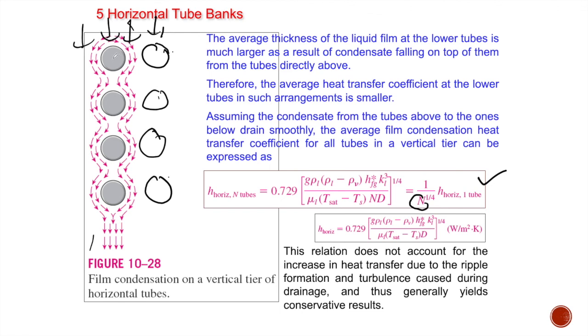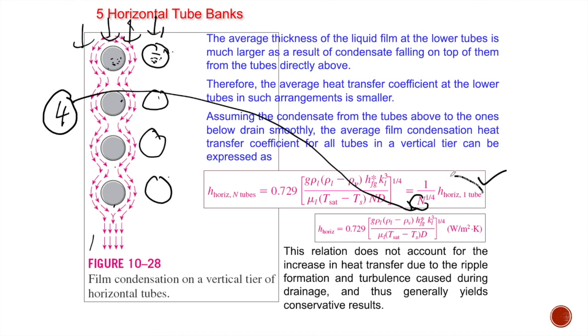What we have here is two columns, and 1, 2, 3, 4 tubes in a row, 2 tubes in the columns. In this equation, n refers to this number. You substitute this number to find H horizontal for the tubes.